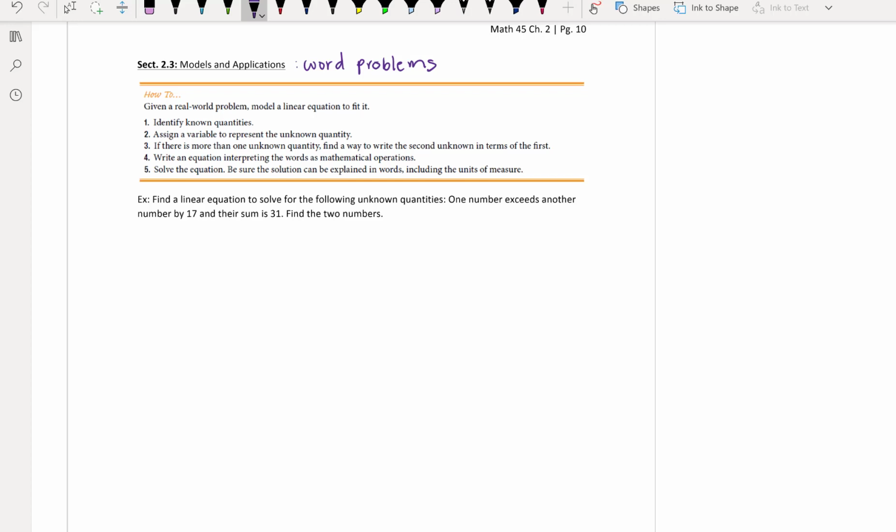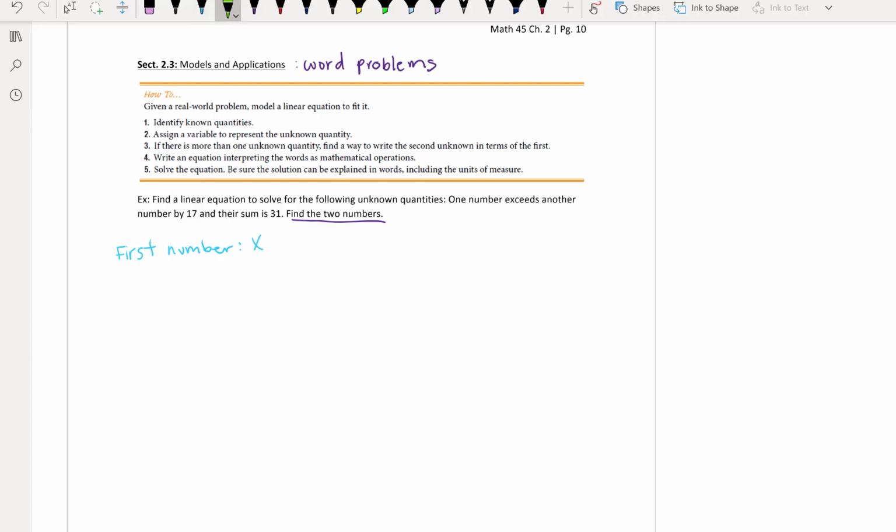Well, what we know is that one number exceeds another by 17. So here, what they are really saying is that we have two numbers. Let's say that the first number, we have no idea what that is. And when we don't know what something is, we usually refer to it as x.